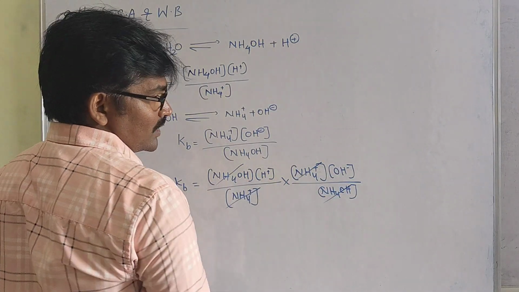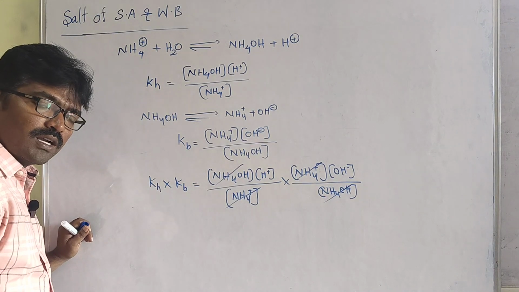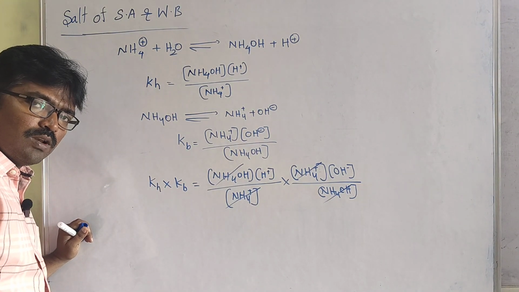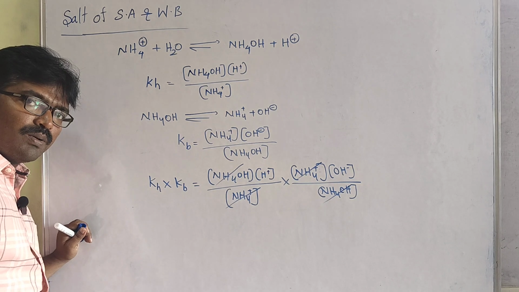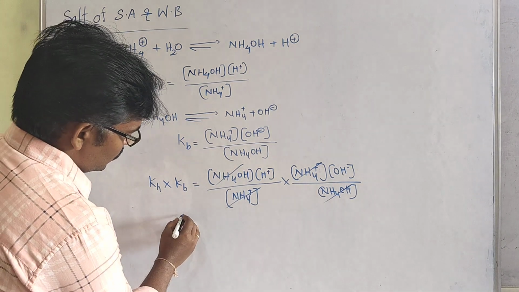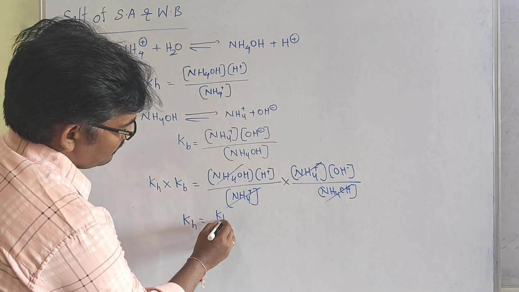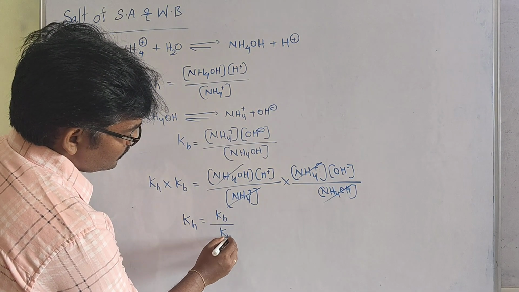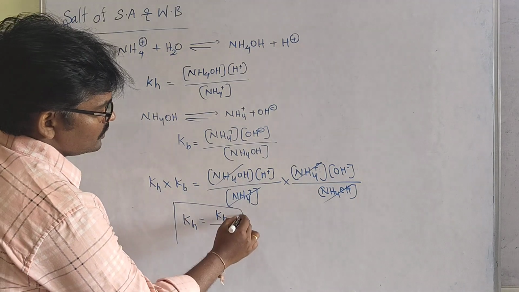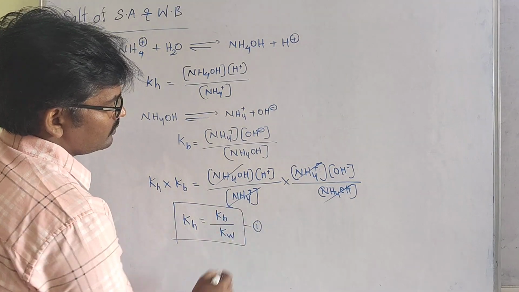Then the product of H plus and OH minus ion concentration equals the ionic product of water. So KH into Kb equals Kw, so just assume this is equation number 1.